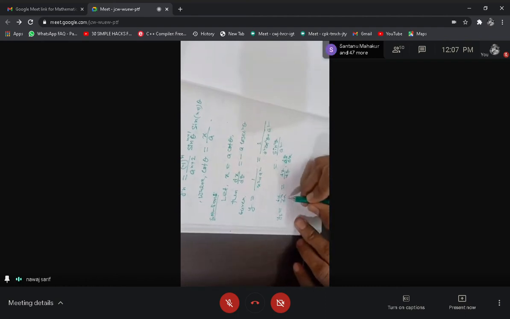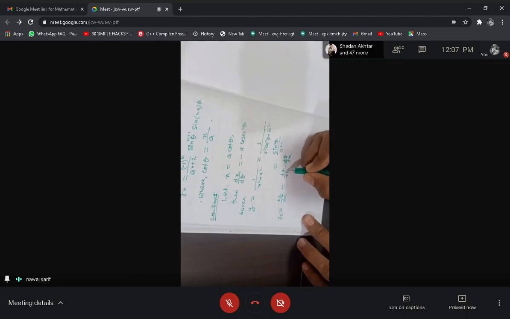So y1 is dy upon dx, and it can be written as dy upon d theta into d theta upon dx.